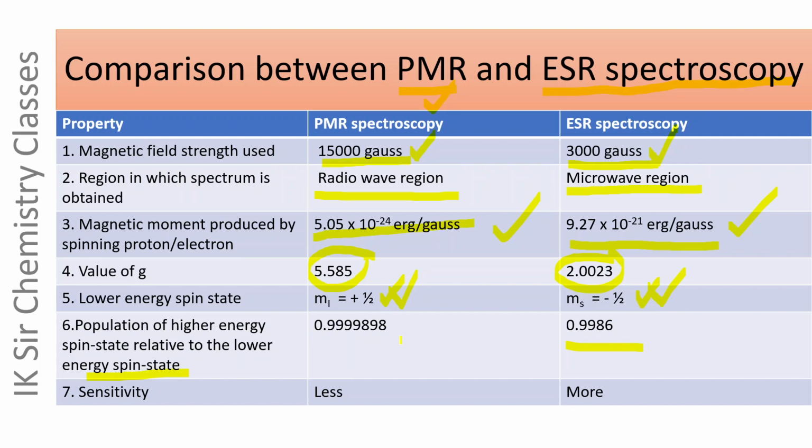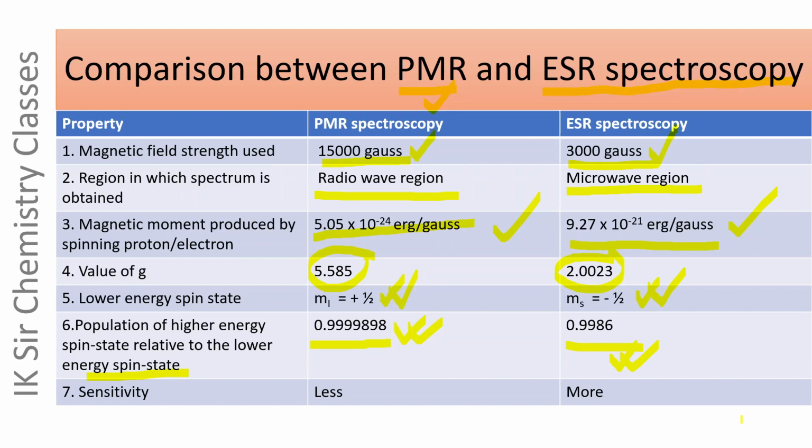It means in the case of a spinning proton, the energy difference between two spin states is smaller, and accordingly the difference in population of two states is also small. While in the case of a spinning electron, the population of the higher energy spin state relative to the lower energy spin state is relatively lower in comparison to proton.